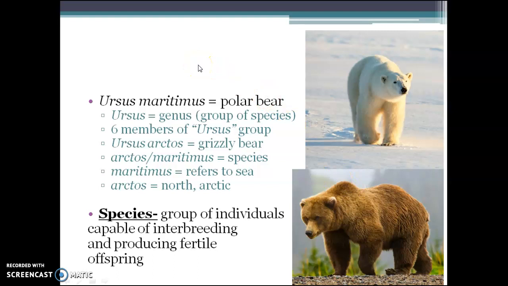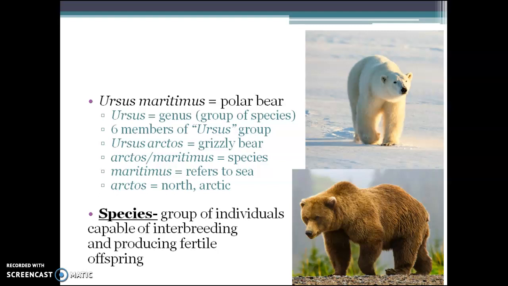So the polar bear is called Ursus maritimus. Okay, and all bears belong to the genus called Ursus. So that first word is called the genus name. Okay, and we'll get into that a little more.